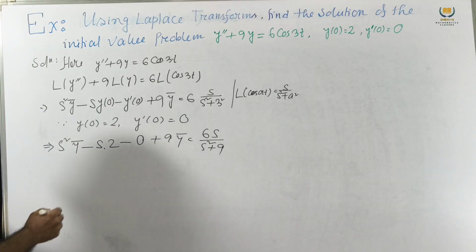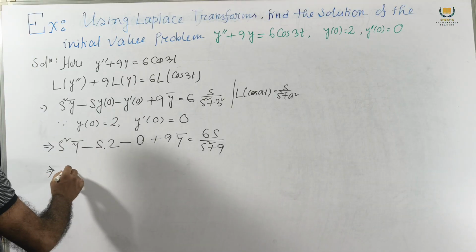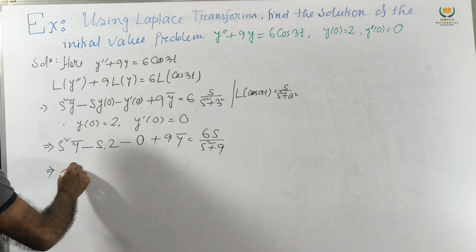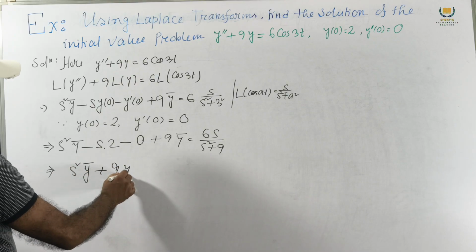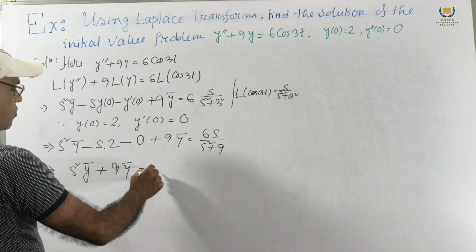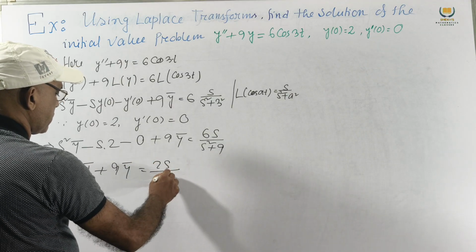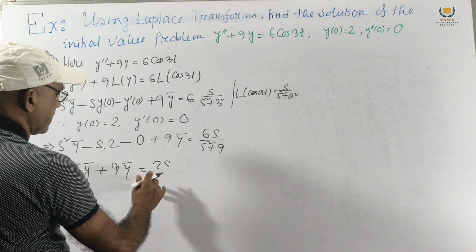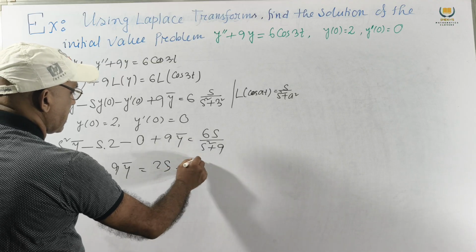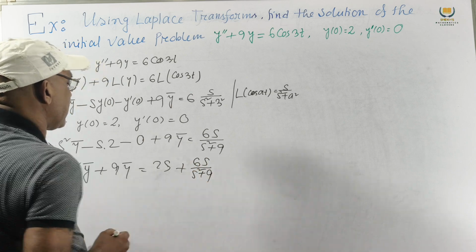This implies s square y bar plus 9 y bar equal to 2s plus 6s by s square plus 9.